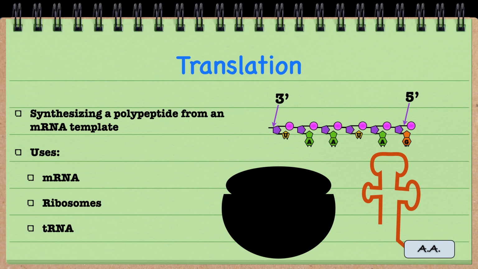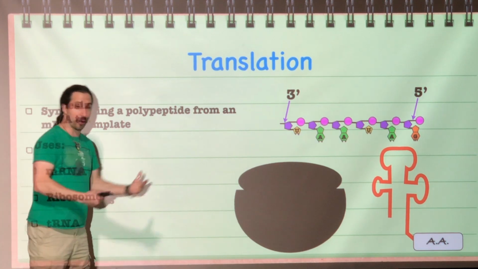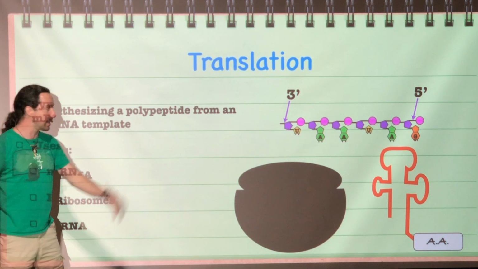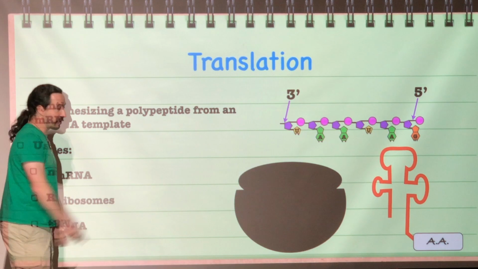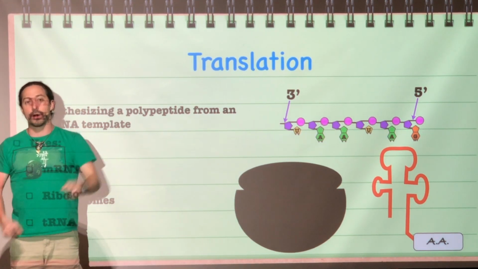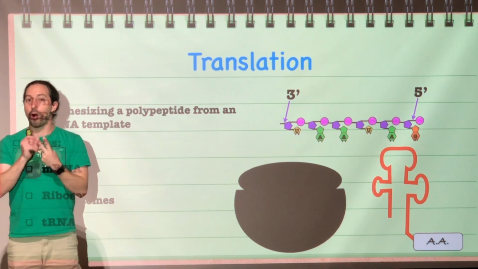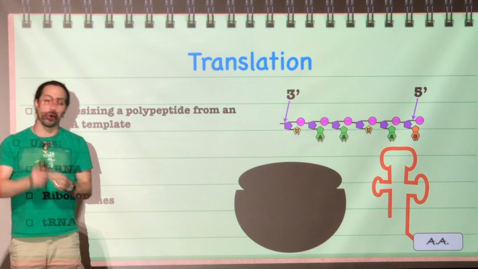So looking at all this, translation, what is it for? Well, it's synthesizing a polypeptide from an RNA template, specifically an mRNA template. And it uses a few different things. One, it uses your mRNA. That would be your template. Next, it uses ribosomes. Ribosomes, we should remember from back in the day that they are protein and RNA, specifically rRNA, or ribosomal RNA.